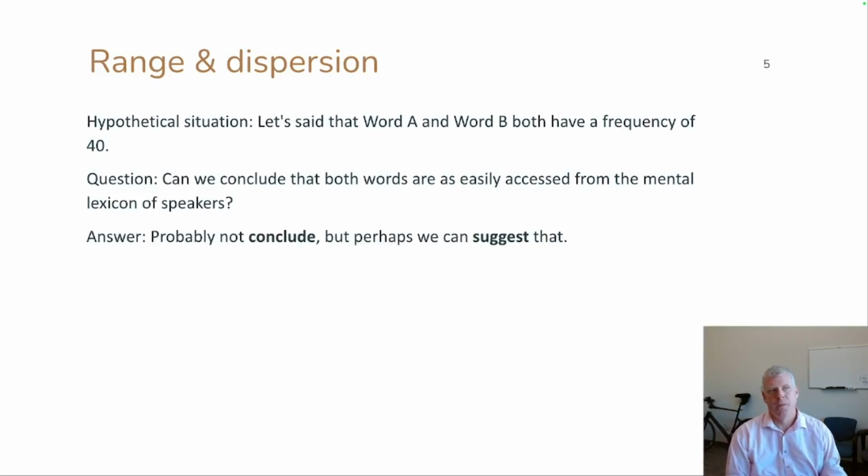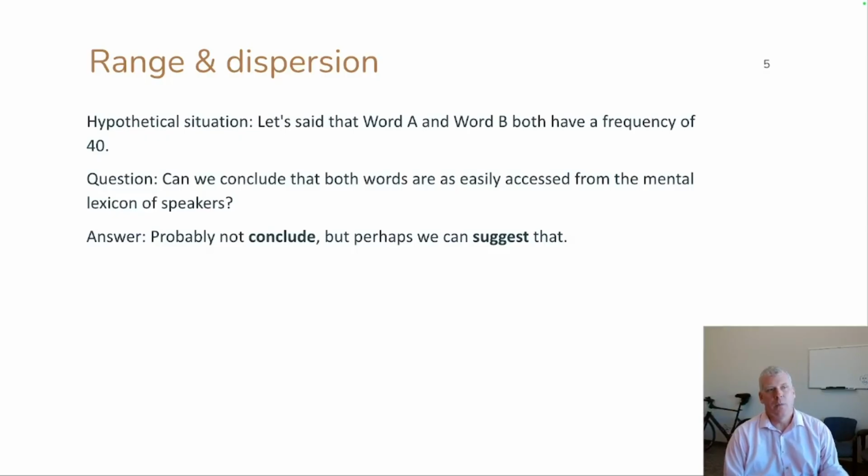The vocabulary of speakers. Probably not conclude, but we can suggest that because frequency correlates, not one-to-one, but correlates with what's called resting activation state in the mind, meaning how easy it is for a speaker to grab that word out of their lexicon as they're trying to produce language.